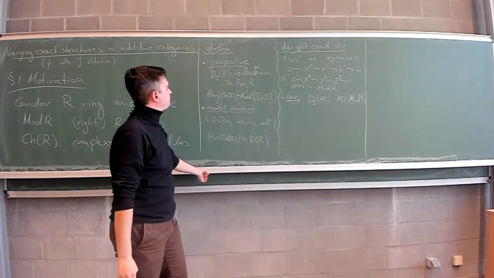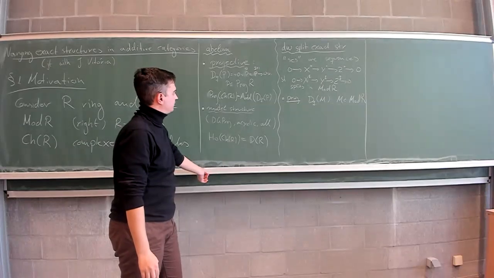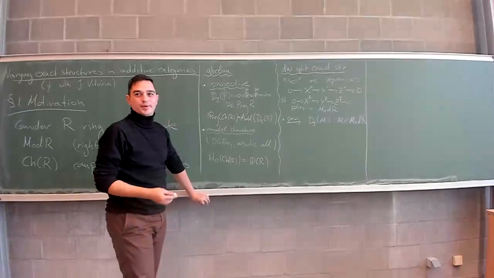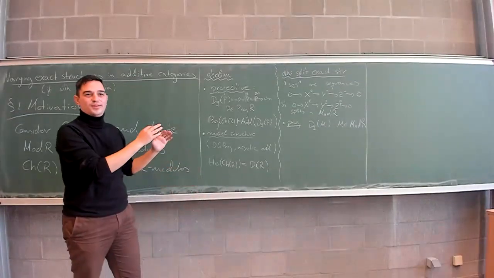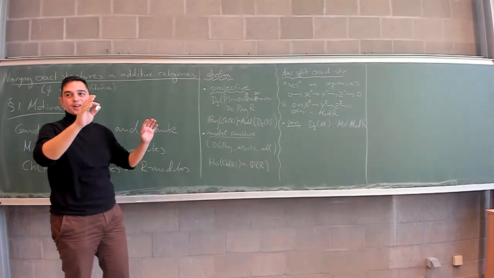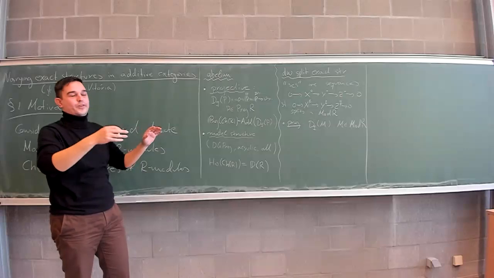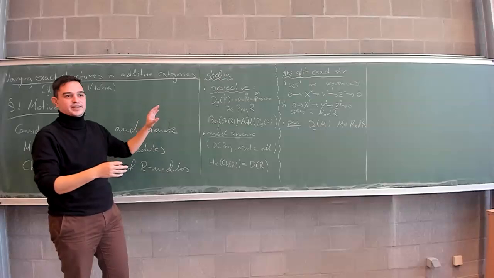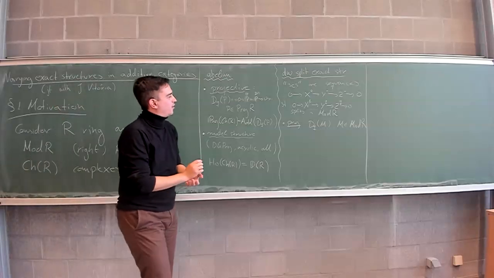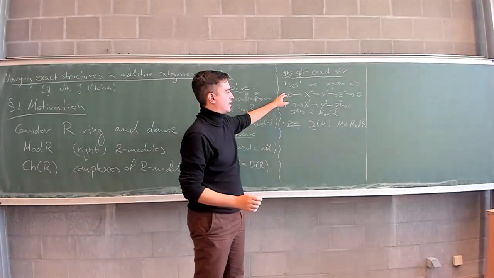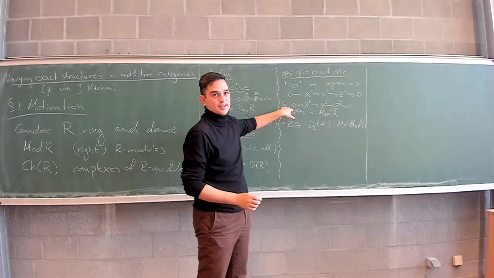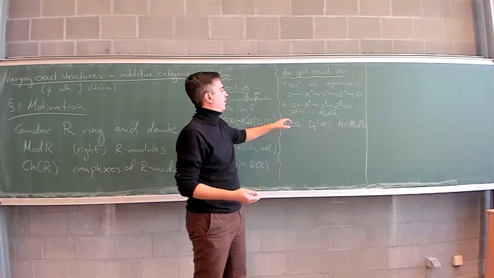Okay, and why is this? So the projectives have the nice property that when you have Hom from a projective to any other module, when you apply Hom of a projective to a short exact sequence, it remains exact. Now your short exact sequences are such that when you go degree-wise, they all split.